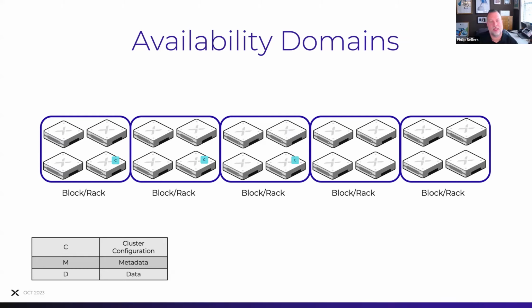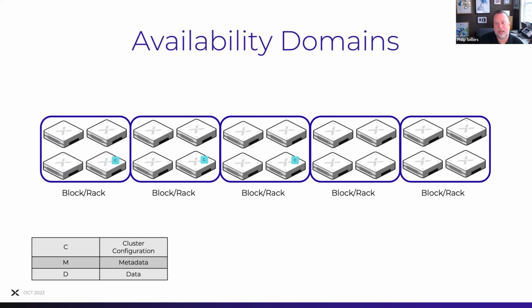And so in this concept on screen, any one of these purple shapes could be a block and have 4 nodes in it. And so when we turn on block awareness, we have to have a minimum number of blocks and we have to have a minimum number of nodes to turn this on.